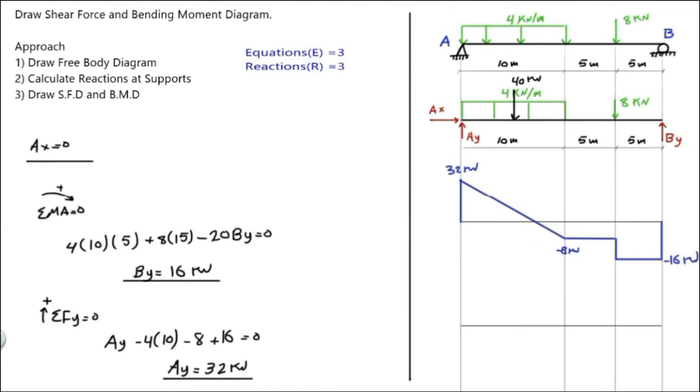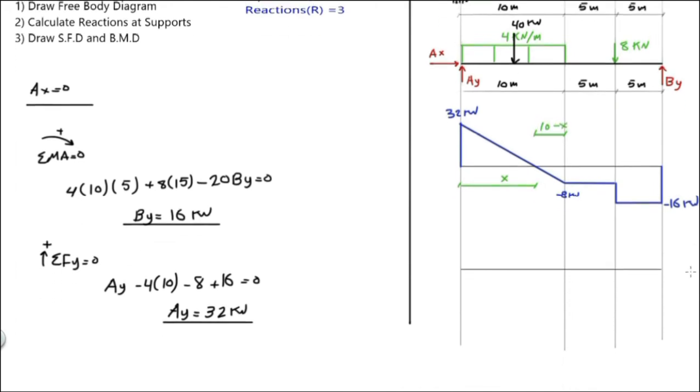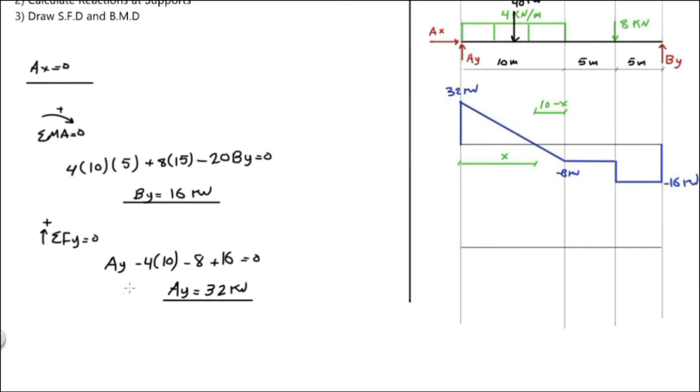Now to calculate the area under the shear, we have to find this distance first. I will call it x. Therefore, this distance is equal to 10 minus x. And to find x, let's use similar triangle method.